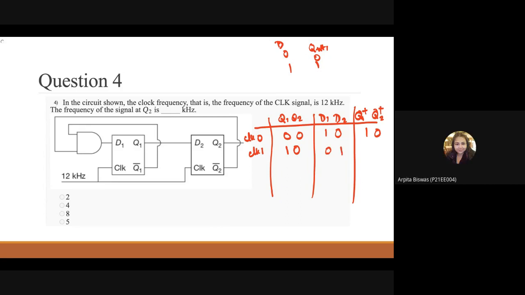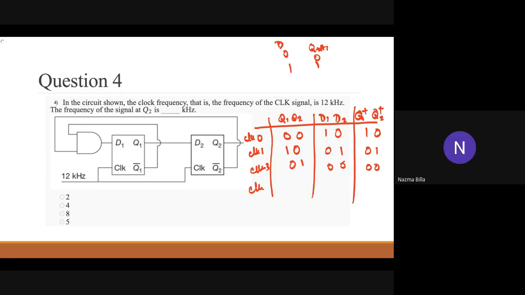And what is the next state? 0, 1. And this is coming in the clock 2, which is 0, 1. Now tell me what is the value of D1 and D2? 0, 0. Then what is the next state? 0, 0.